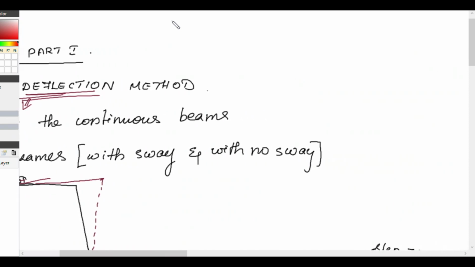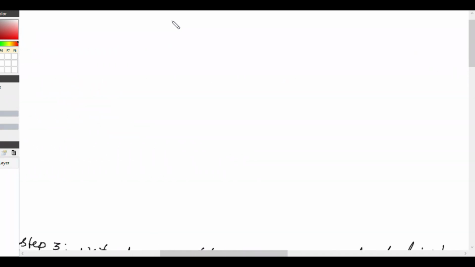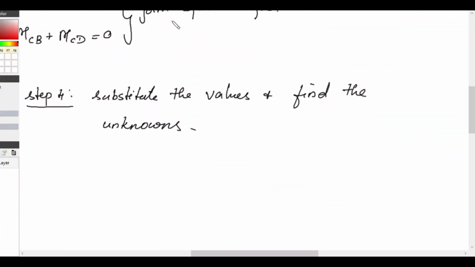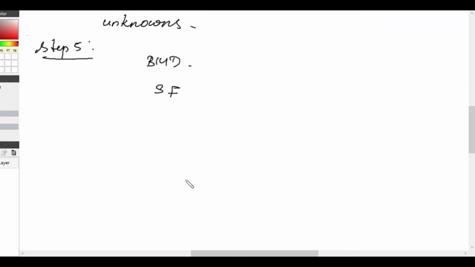And the fourth step, you solve all the equations. You will be getting the answer. Now, the last step, fifth step, you can draw the bending moment diagram as usual. Shear force diagram by using the equations of static equilibrium, and the deflection diagram.